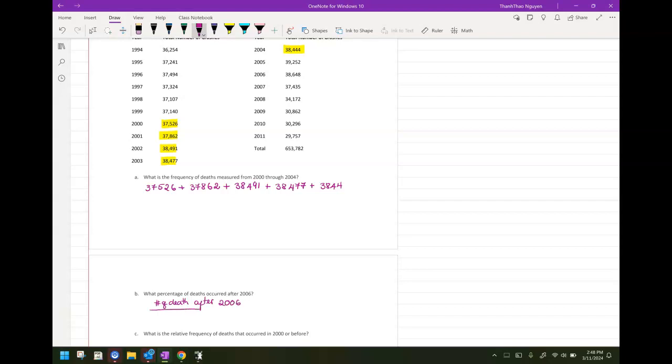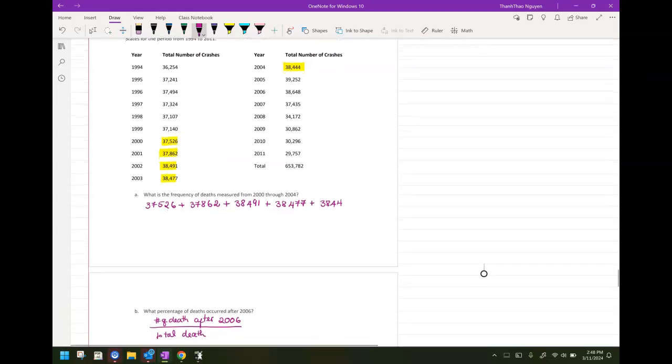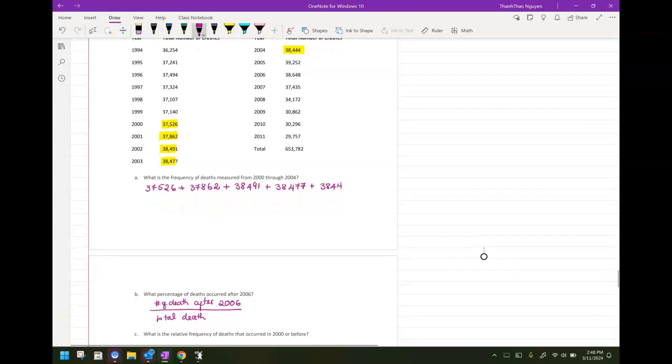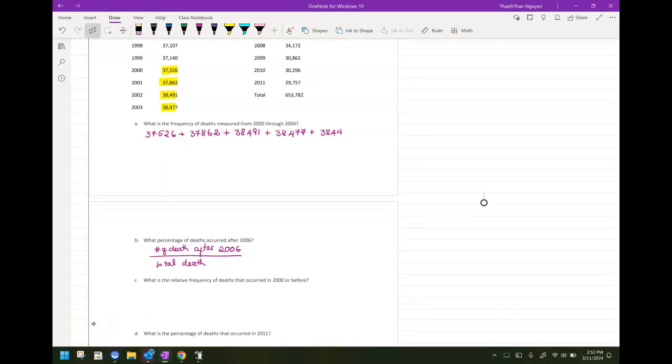And we divide that by the total deaths from 1994 to 2011. The next thing, what is the relative frequency? Excuse me, hang on. In B, we're talking about percentage. So we need to multiply this by 100%.